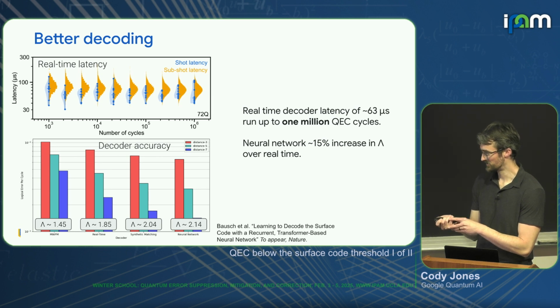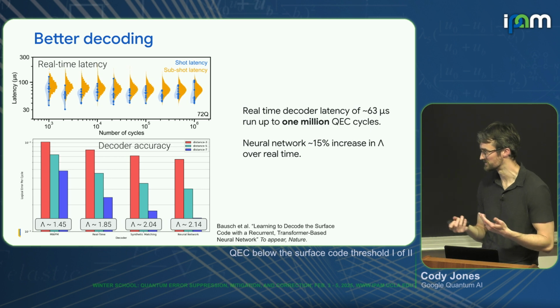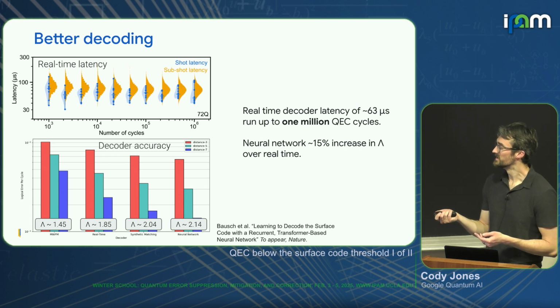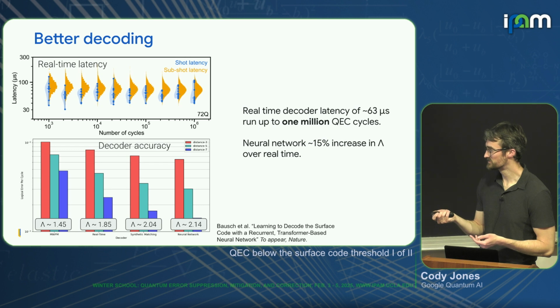This one is the one you can find used mostly in the literature, and it has been used for surface codes going back to the original works from 2004 or so. The real-time one has some improvements, but it also runs really fast. So we did some engineering to make it really fast. We have an even upgraded version of matching that's even more accurate but doesn't quite run in real time today.